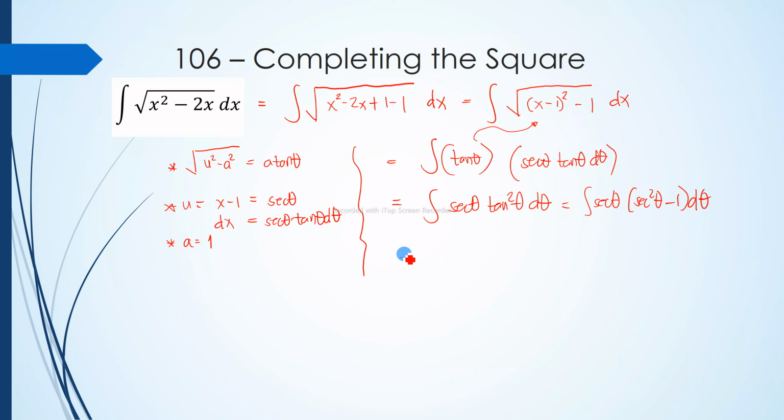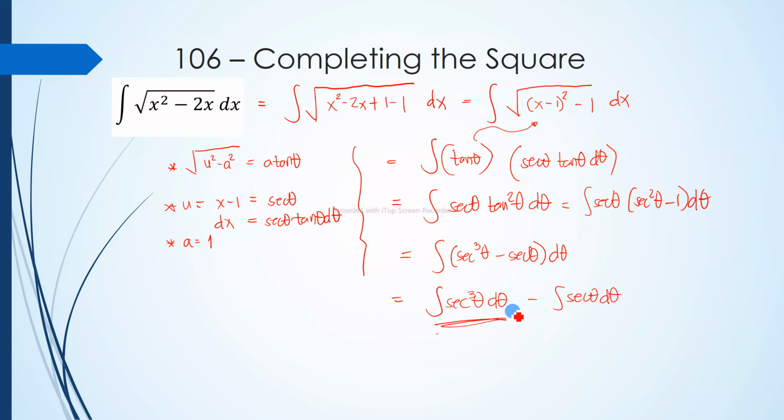Now let's try to distribute this one. We will have the integral of secant cubed theta minus secant theta d theta. We'll have the integral of secant cubed theta d theta minus the integral of secant theta d theta.